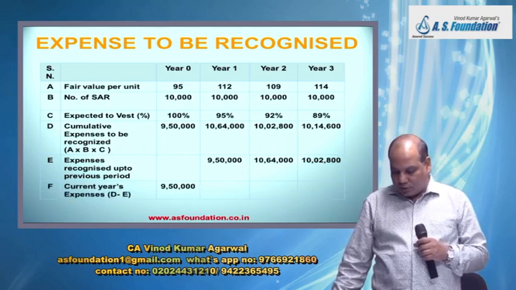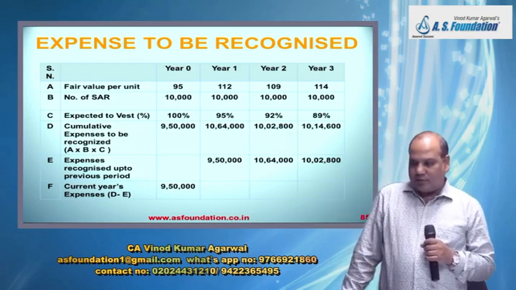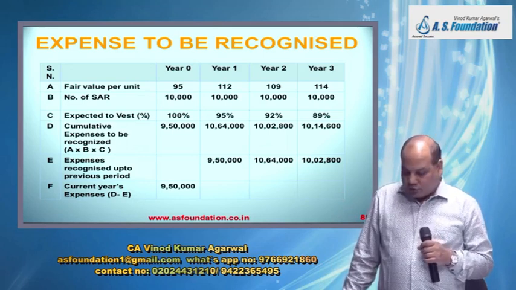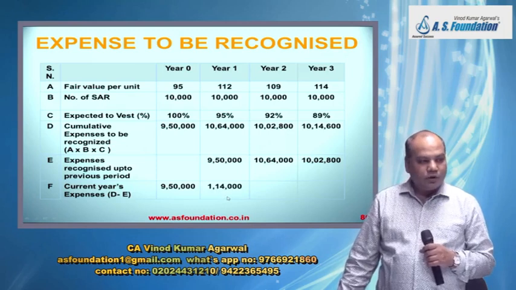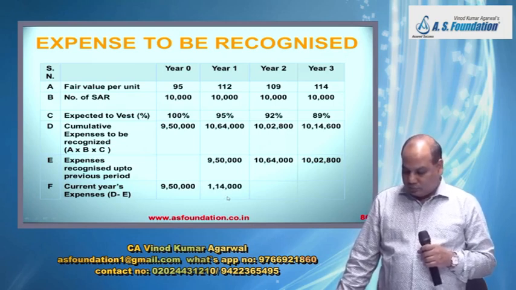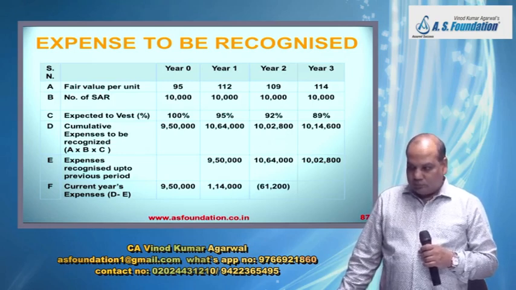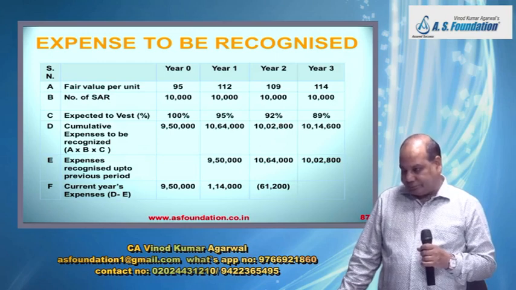So now write down the last line of this table, current year expense. Current year's expense. First column D minus E, 9,50,000, 1,14,000. Then there is a negative figure also, 61,200. You will reverse the entry.